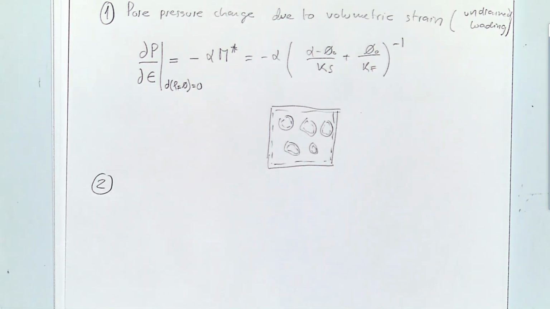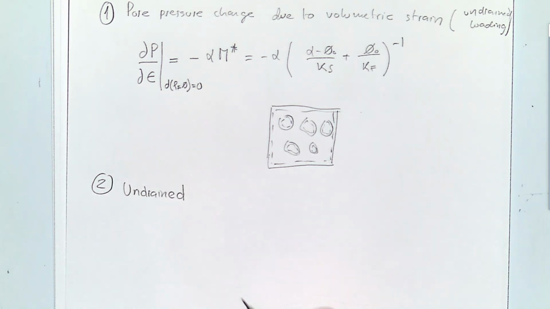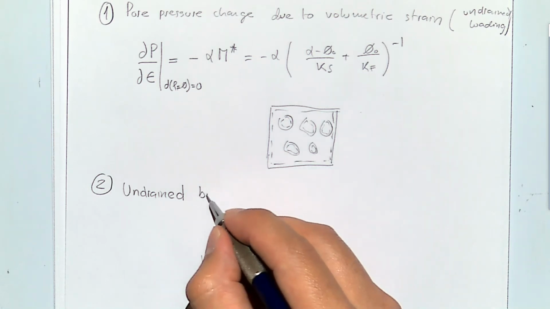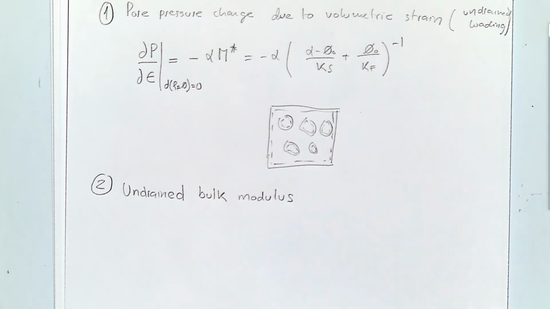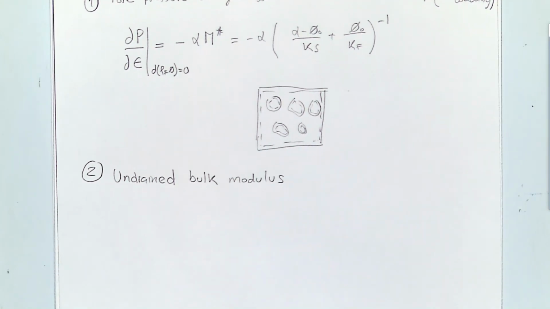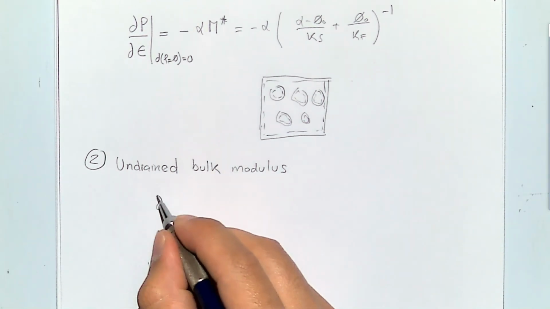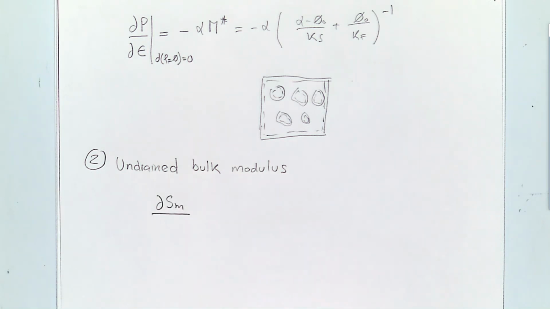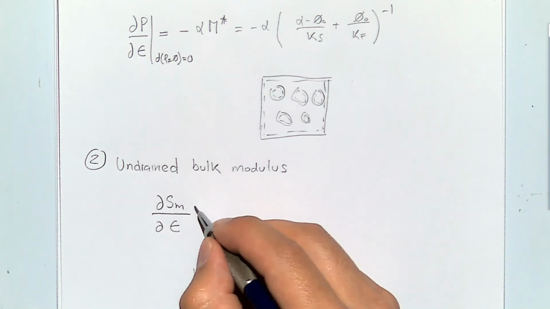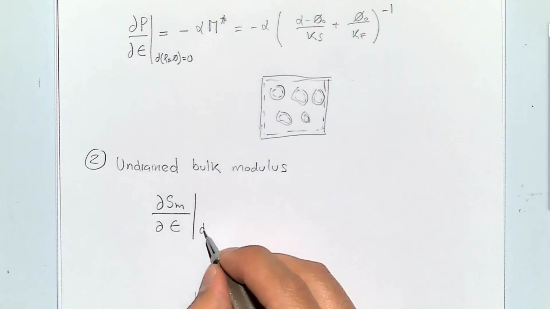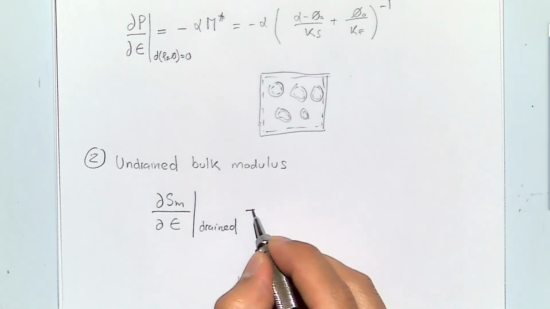Second one. You may want to know how much stress you need in order to cause a given compression without letting the fluid escape again. And that's going to be a ratio of stress over strain. Do you remember what this is? This is the variation of mean stress divided by the variation of volumetric strain, and let's say this is drained. So you let the fluid escape.